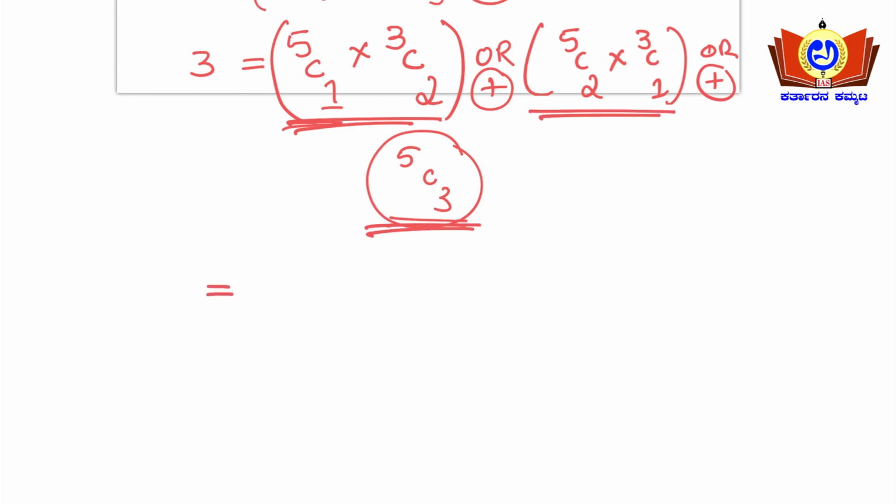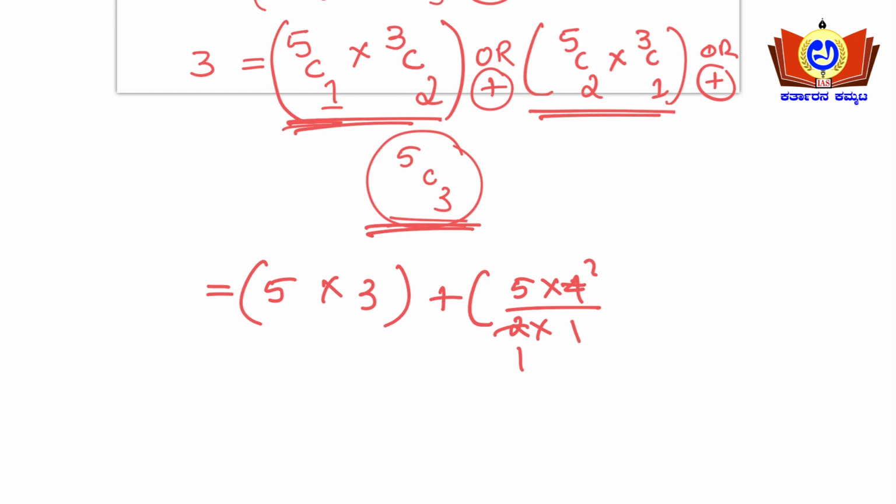Upon solving this, 5C1 is nothing but 5, into 3C2, which is nothing but 3 should be reduced 2 times: 3 into 2 upon 2 into 1, so 2 gets cancelled, so 3, 5 into 3. Or means plus sign, so 5C2 means 5 should be reduced 2 times, so 5 into 4 upon 2 into 1, so 2 1 times, 2 2 times, into 3C1 means 3, then plus sign 5C3. 5 should be reduced 3 times, 5 into 4 into 3 upon 3 into 2 into 1.